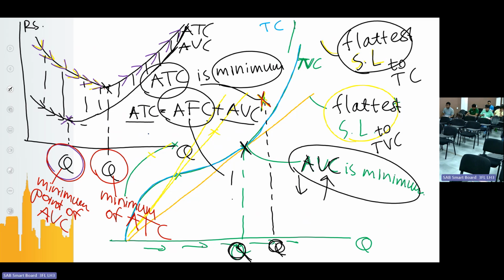AFC is continuously decreasing. That is why the gap is continuously reducing. That is how ATC and ABC behave.